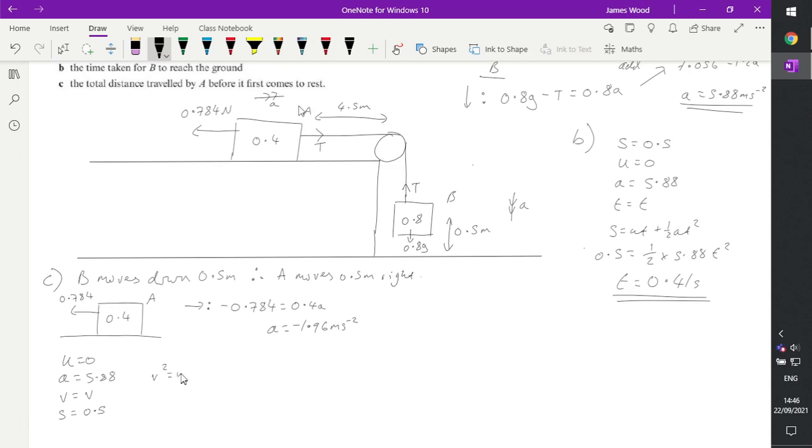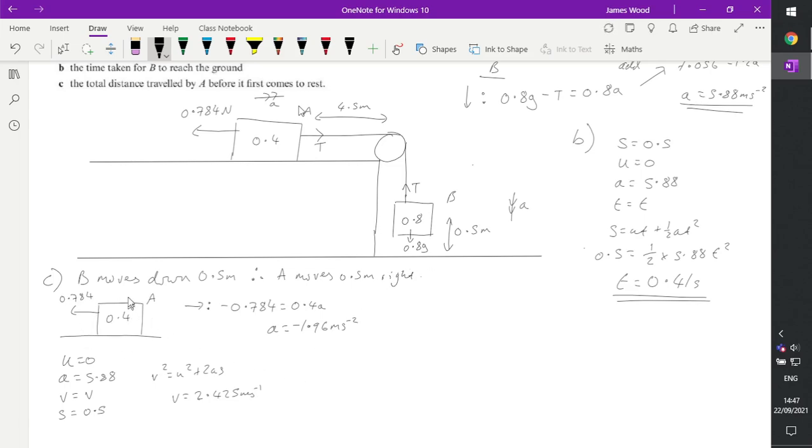So I can use V squared equals U squared plus 2AS. So that's 2 times 5.88 times 0.5, square rooted. So its final speed was 2.425 meters per second. So that was the speed that it reached when B hit the floor.